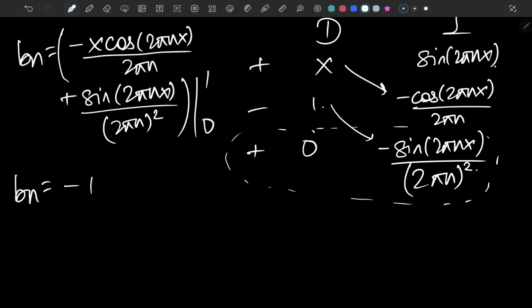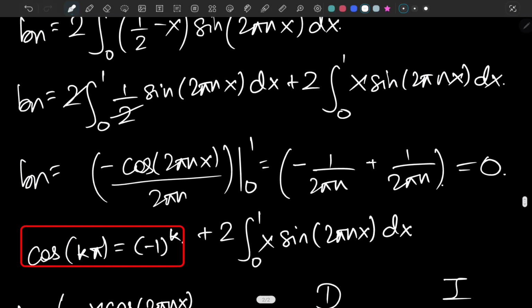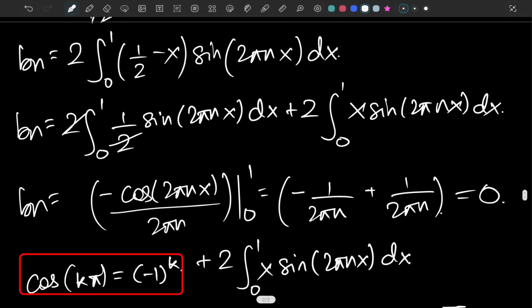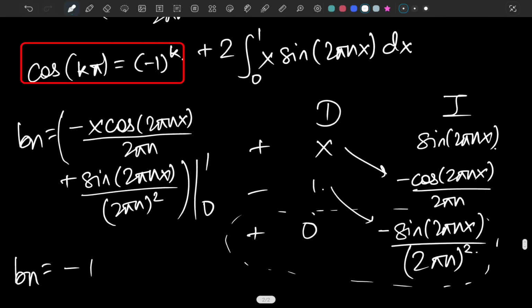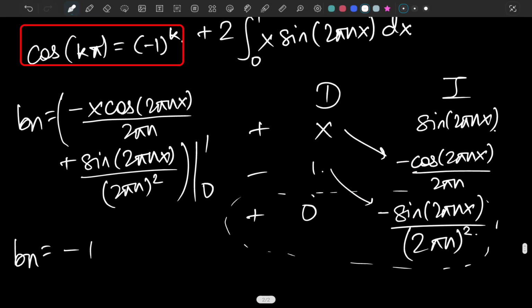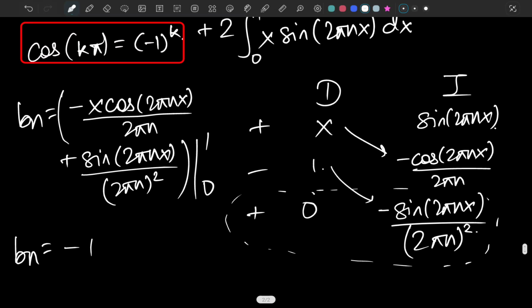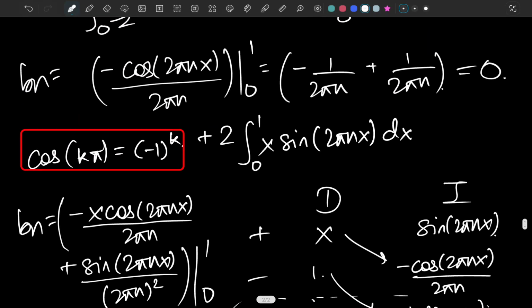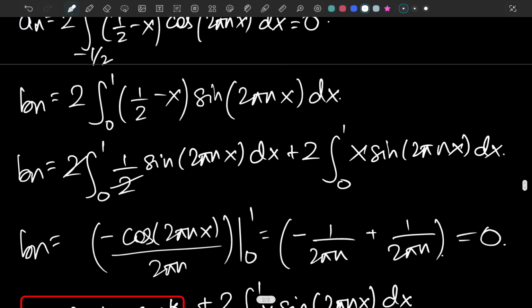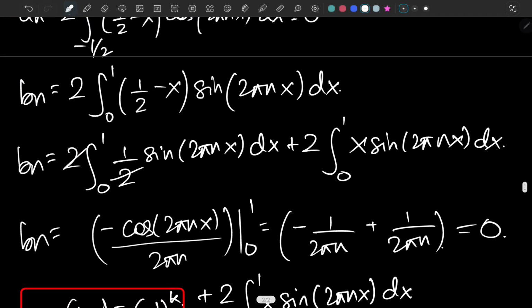And oh wait a second, did I have some negative in front? Did I mess up anywhere? I'm just looking for that. Oh wait a second, I just messed up here.